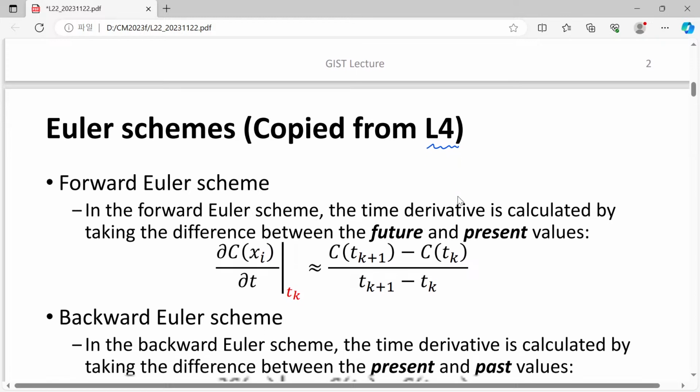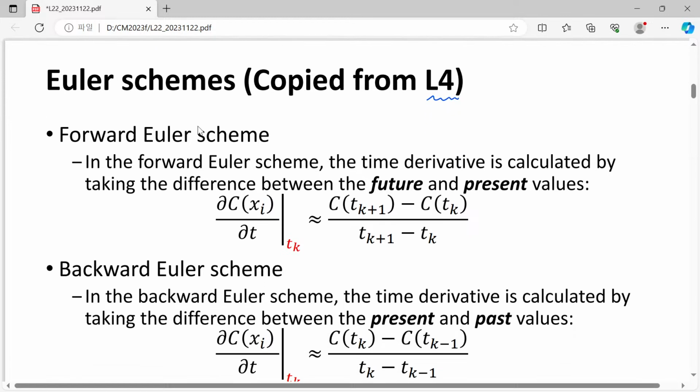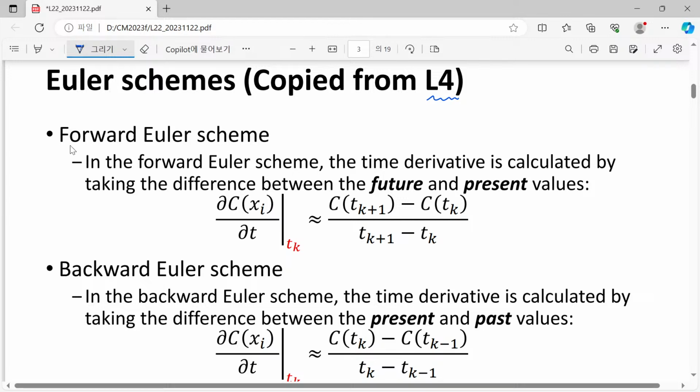At the time, I introduced two different Euler schemes: the forward Euler scheme and the backward Euler scheme. In the forward Euler scheme, we calculate the time derivative using the future value and present value.